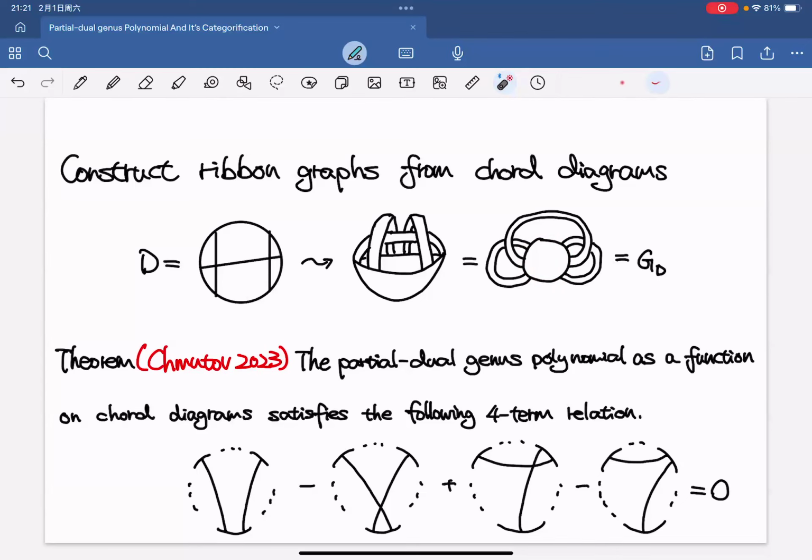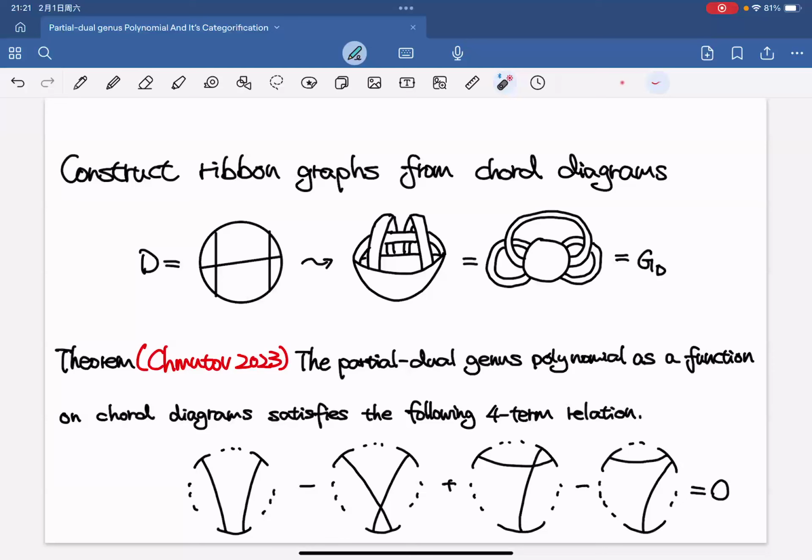Why we are interested in this kind of ribbon graphs is because about 2 years ago, Chmutov found that if we consider the partial dual genus polynomial as a function on chord diagrams, then it satisfies the following four-term relation.